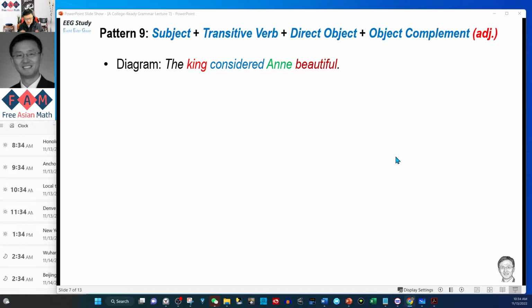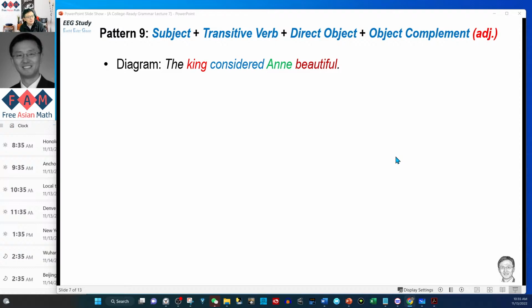How do we make sense of this sentence, the king considered Anne? It could be, say, the king is evaluating a pool of candidates for some job, maybe an ambassador to France, or some government official. The king is selecting some candidates to do the job. Now we can say the king considered Anne. In that case, this sentence, if in that meaning, is totally different from the intended meaning here.